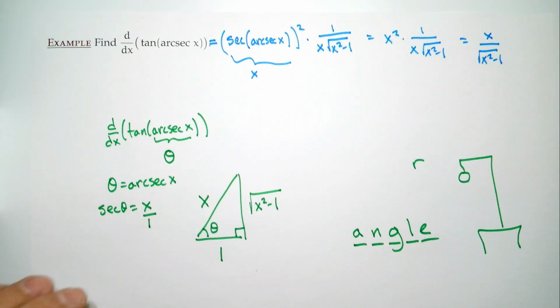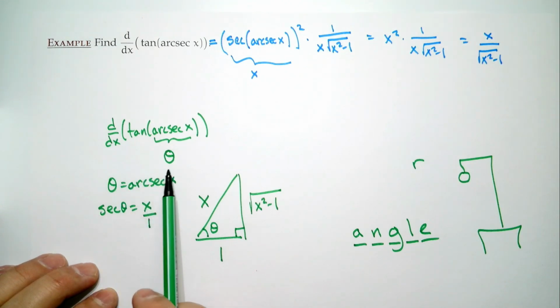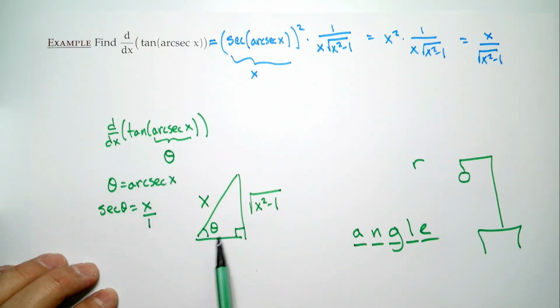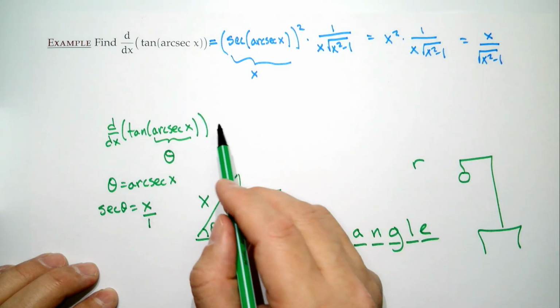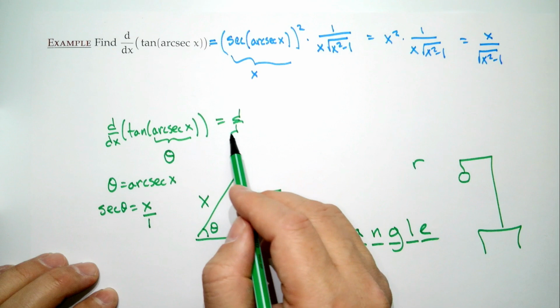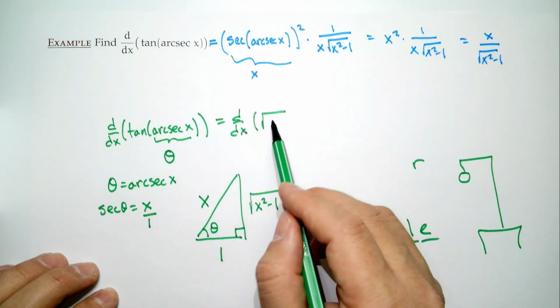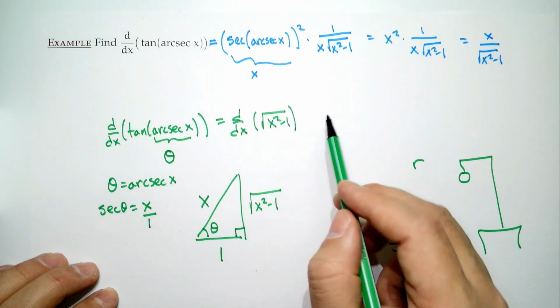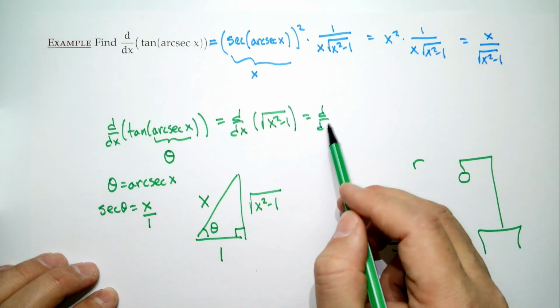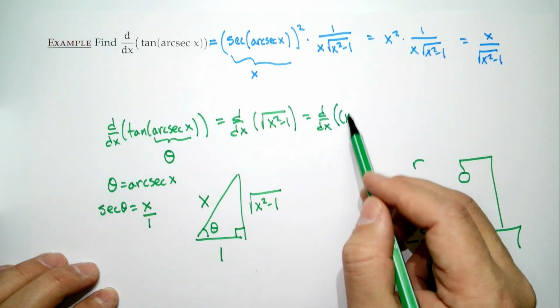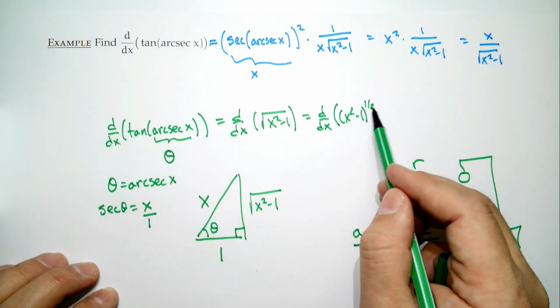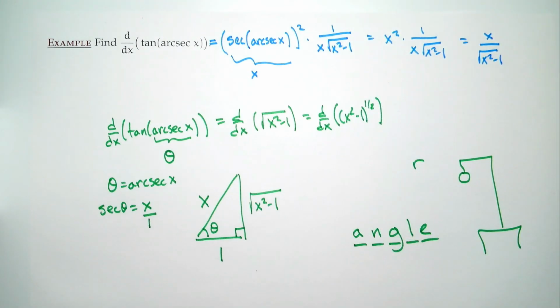So, what is tangent of theta? Well, it's the opposite over the adjacent. So it turns out that we could have rewritten tangent of arcsecant as simply square root of x squared minus 1. Or if you like, that's the derivative of x squared minus 1 to the 1/2 power. Let's take this derivative.